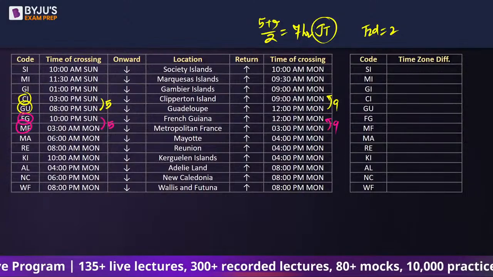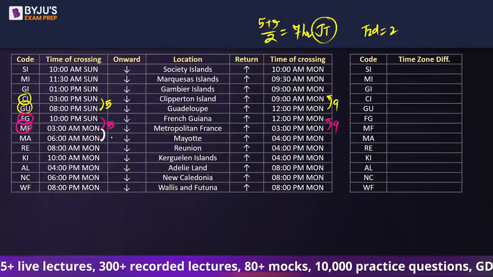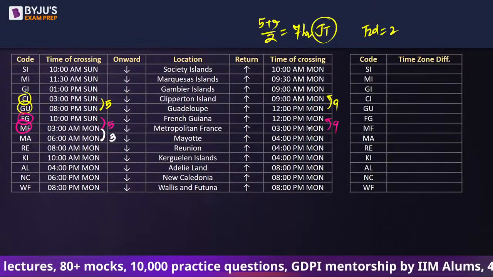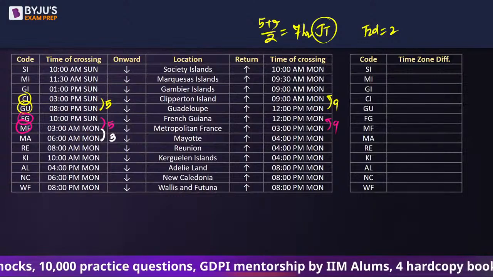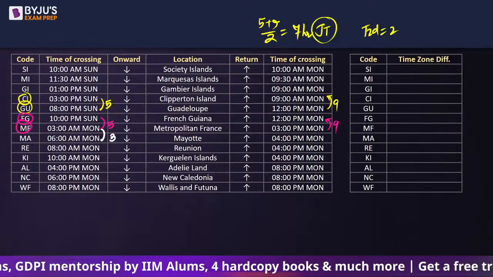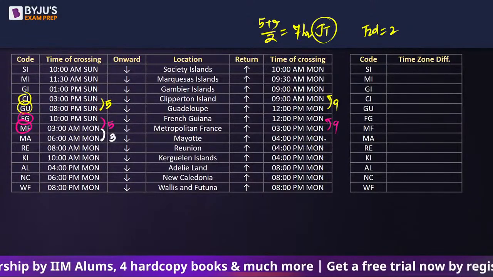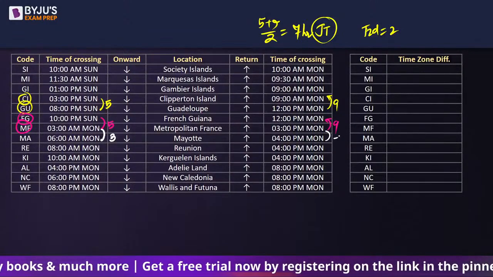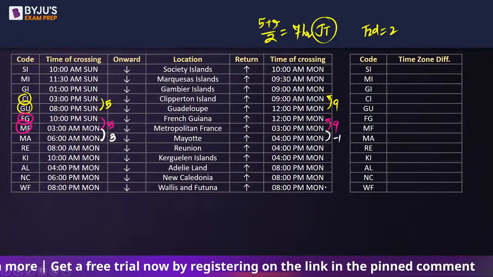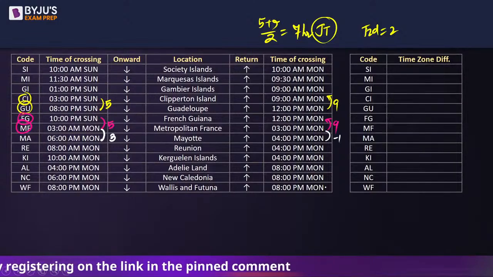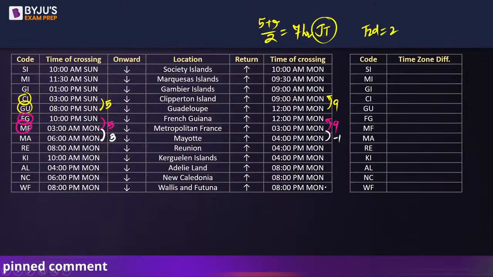So we have got MA and MF. This is 3 a.m. to 6 a.m. This is 3 hours. And 4 p.m. Monday to 3 p.m. Monday. Hold on. Why is this -1? Okay. हमें क्या निकालना है? Maximum difference in the time zone, right?